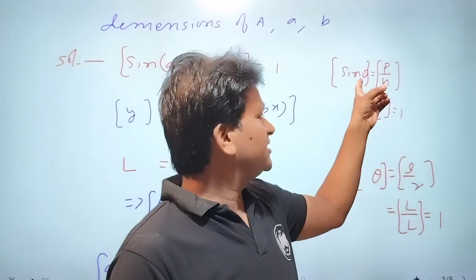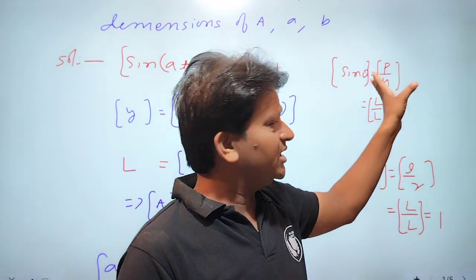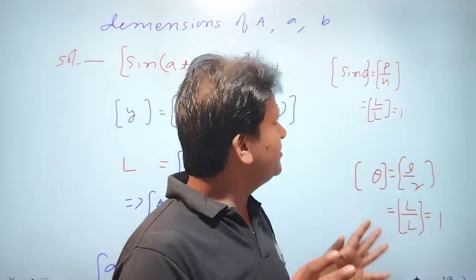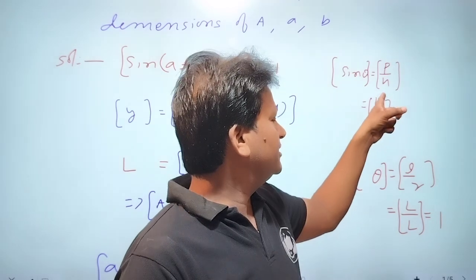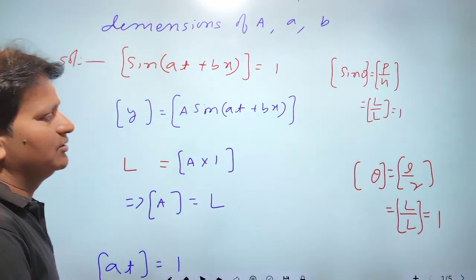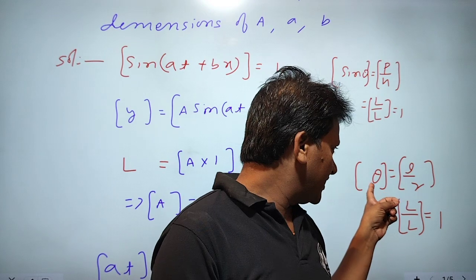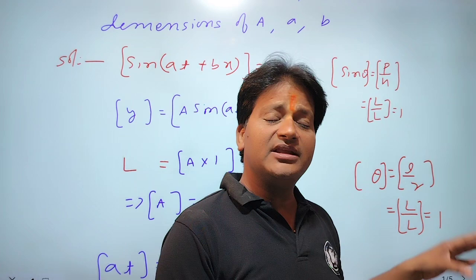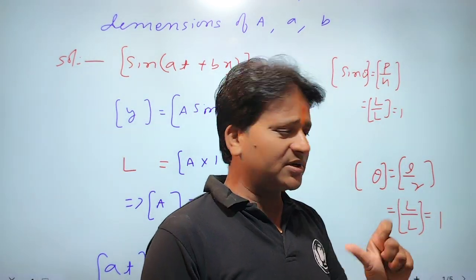As for example, sin theta is equal to P upon H, where P is perpendicular and H is hypotenuse. Both are length. Therefore, dimension of perpendicular and hypotenuse will be equal to L, and this will be cancelled out and result will be unity. Similarly, angle will be equal to l upon r, where l is arc length and r is radius of curvature.